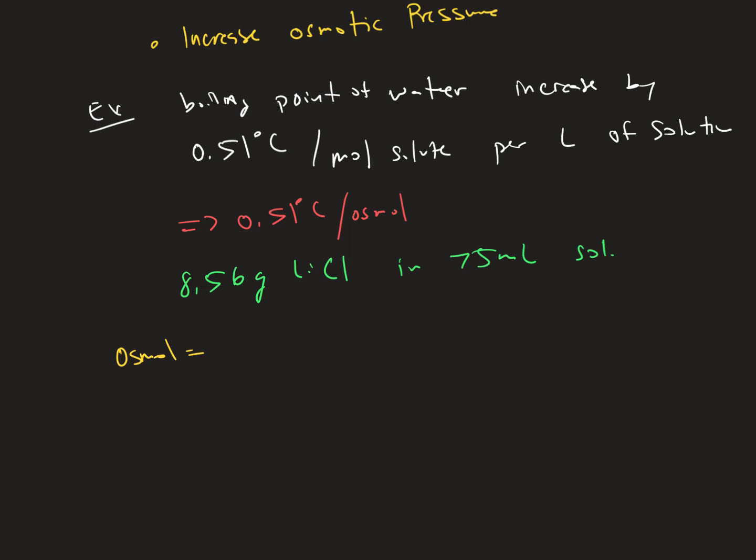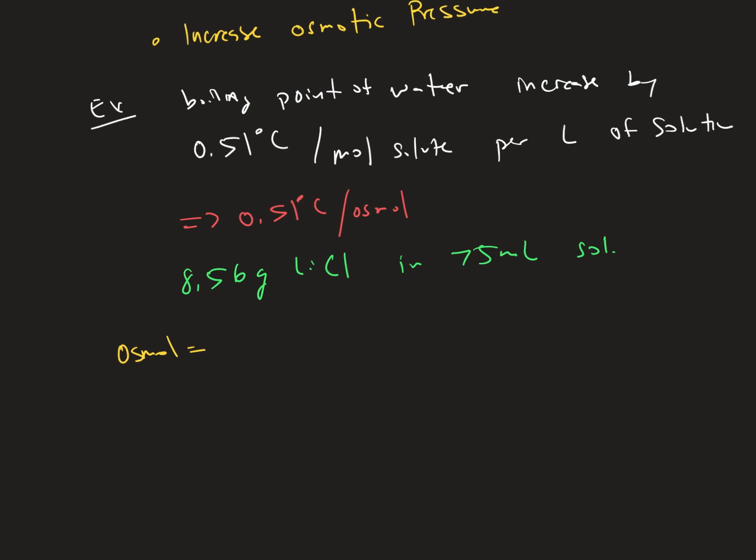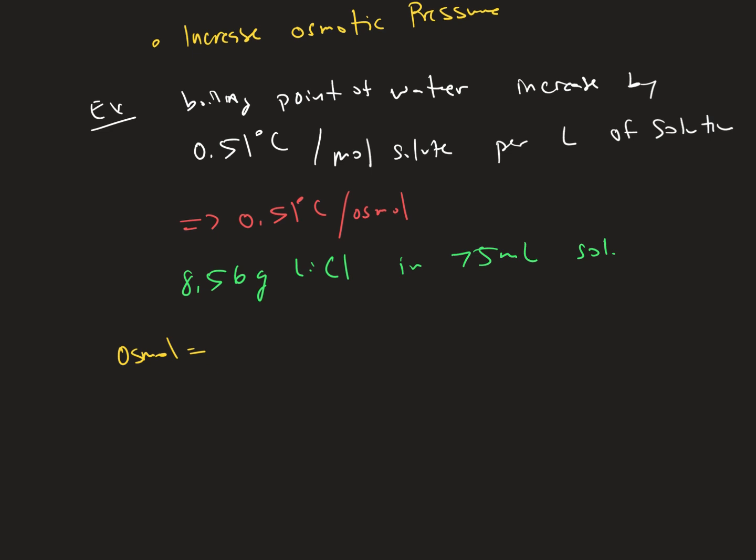Osmolarity is molarity multiplied by the number of species, right? So let's find molarity. How do you calculate molarity?